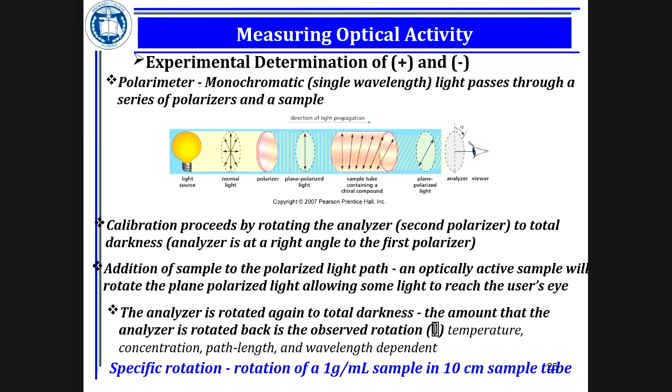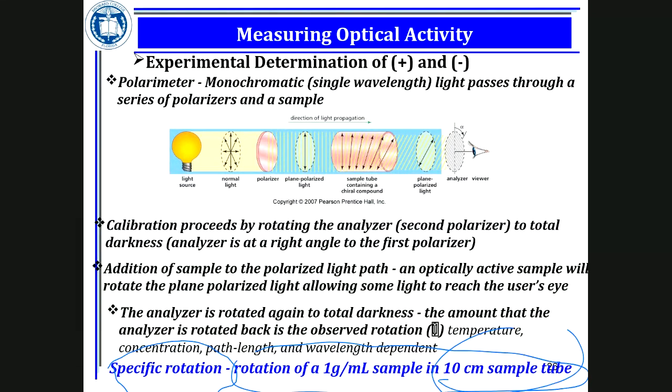So what is a specific rotation? A specific rotation is the rotation of 1 gram of the sample in 1 milliliter, so 1 gram per milliliter of the sample, with a 10 centimeter sample tube.